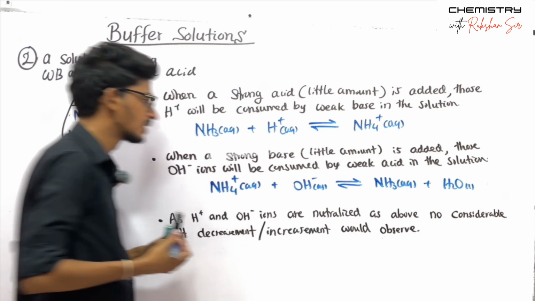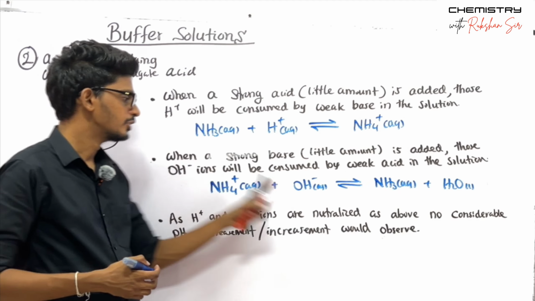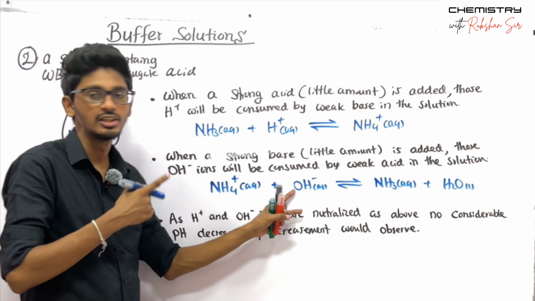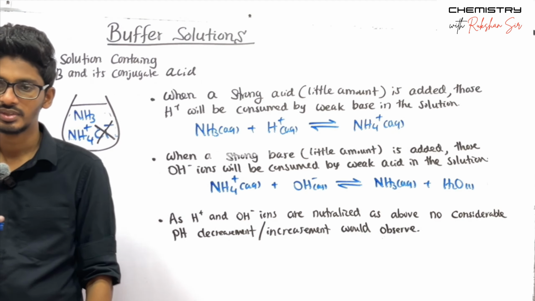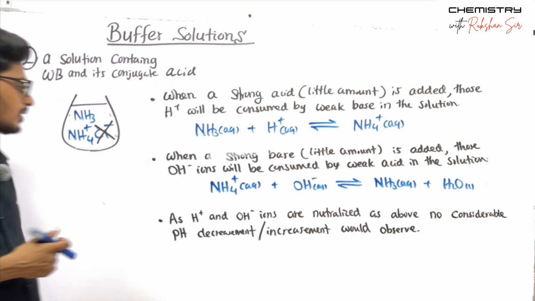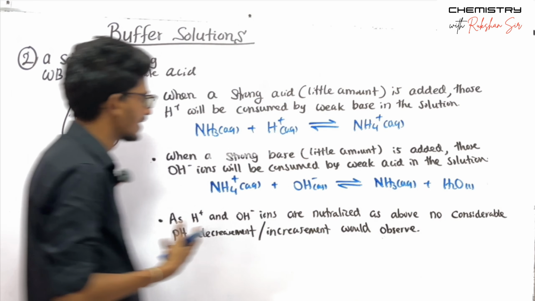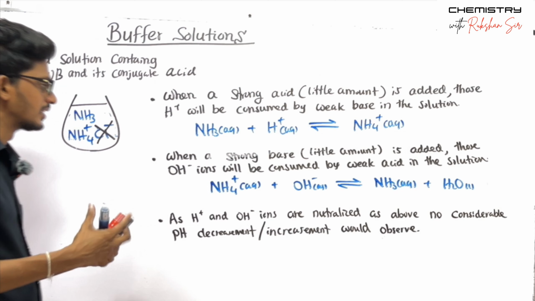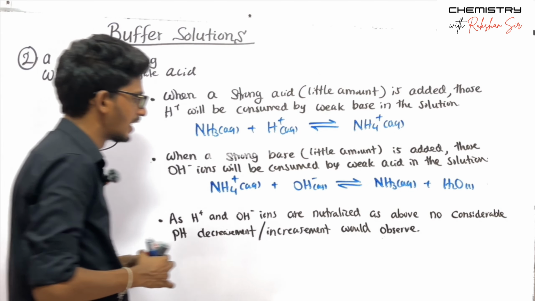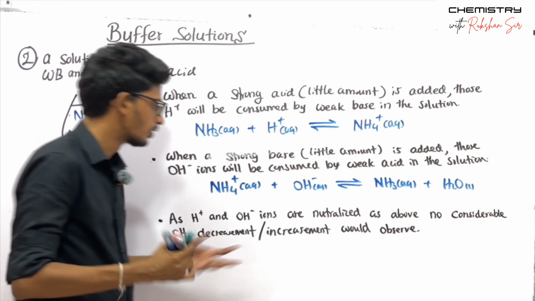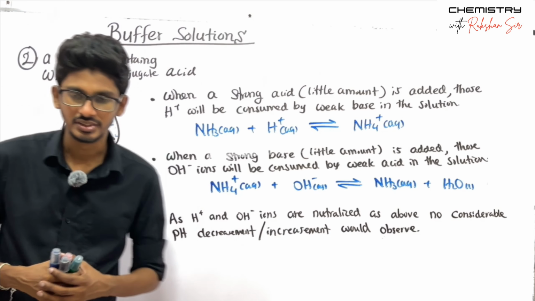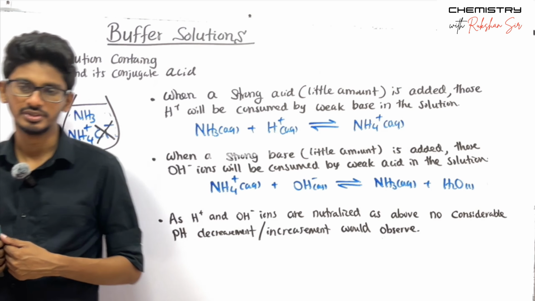So you see, the OH minus are consumed, so that no considerable pH increase would be observed. As the last point you can write, as the H pluses and the OH minuses added from these strong acids and strong bases are totally consumed, you won't observe a considerable pH decrease or increase.